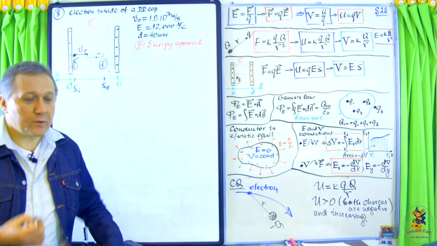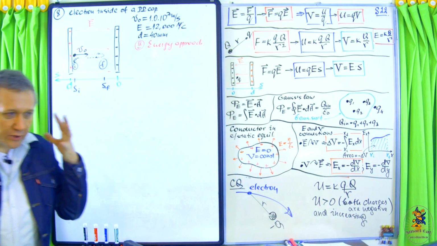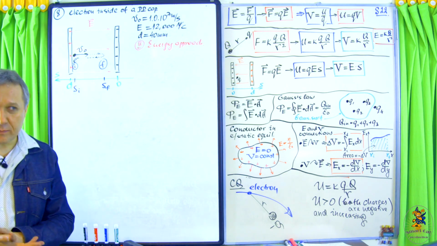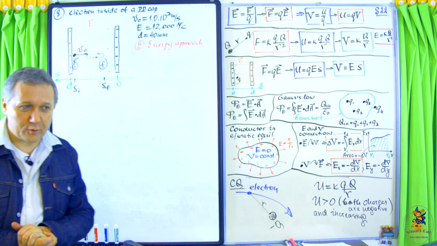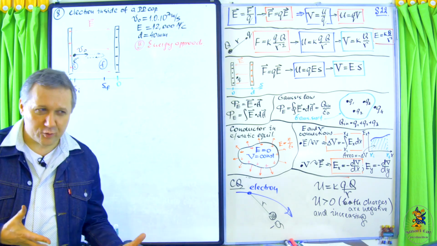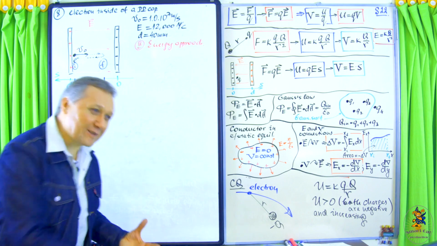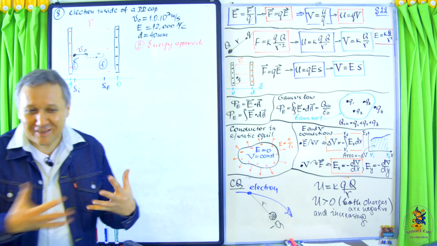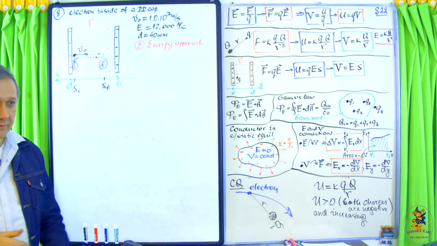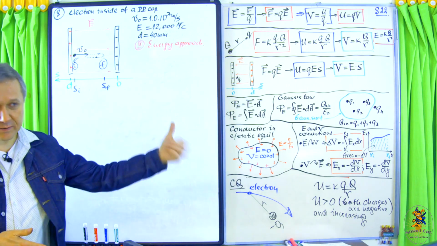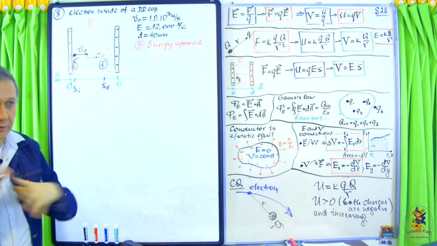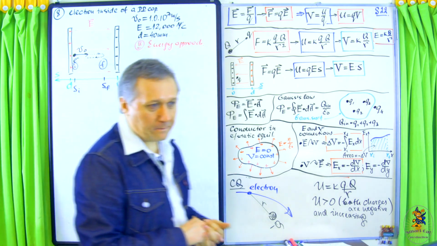Otherwise you will start getting some additional minuses or pluses where you're not supposed to, and I've seen it in the past. Students realize that something is fishy, that a minus shouldn't be there, so they start hiding it somewhere, and of course, I can see that immediately. So that's why you have to be careful. If S is from the negative electrode, draw it. Now this is initial, that is final. So you have to be consistent.